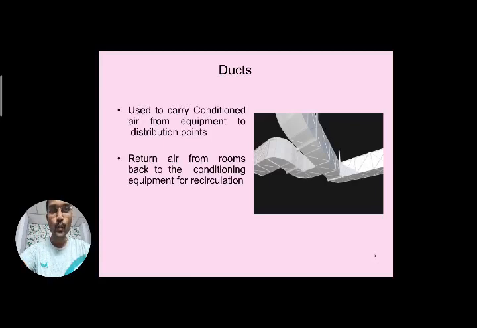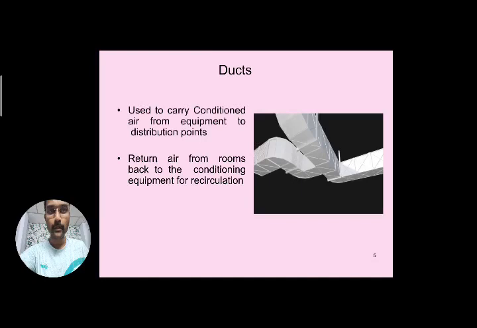For larger buildings, we cannot use a number of air conditioners. Capacity increases like 1 ton, 1.5 ton, 2 ton, but such an air conditioner is limited to only about 100 square feet of area, or 90 square feet, for one ton or 1.5 ton.